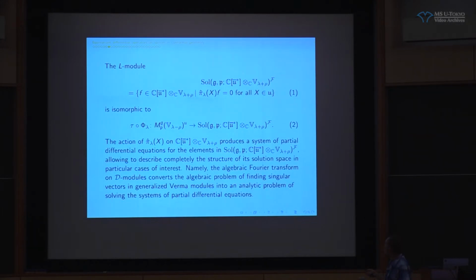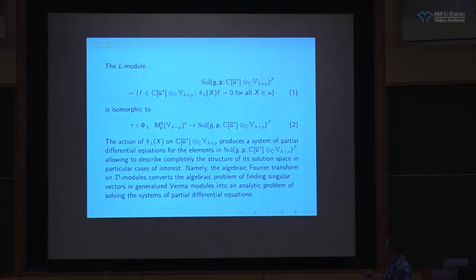Once again, the action of such elements produces a system of partial differential equations for the elements which belong to that space. In the preferred situation, I will show 3 examples which are based on spinors, both orthogonal and symplectic spinors.